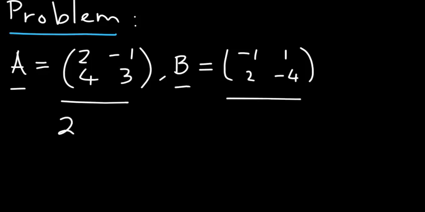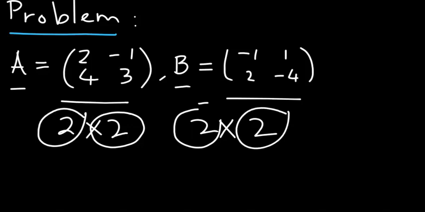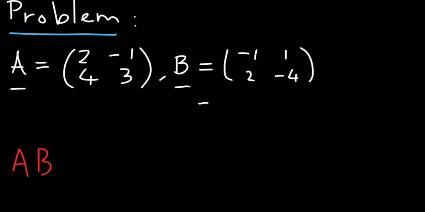So you see the order of A is 2 by 2, the order of B is also 2 by 2. So since the number of columns of the first matrix is the same as the number of rows of the second matrix, we should be able to do the multiplication, and the resulting matrix will be of order 2 by 2. So let's see how that works.